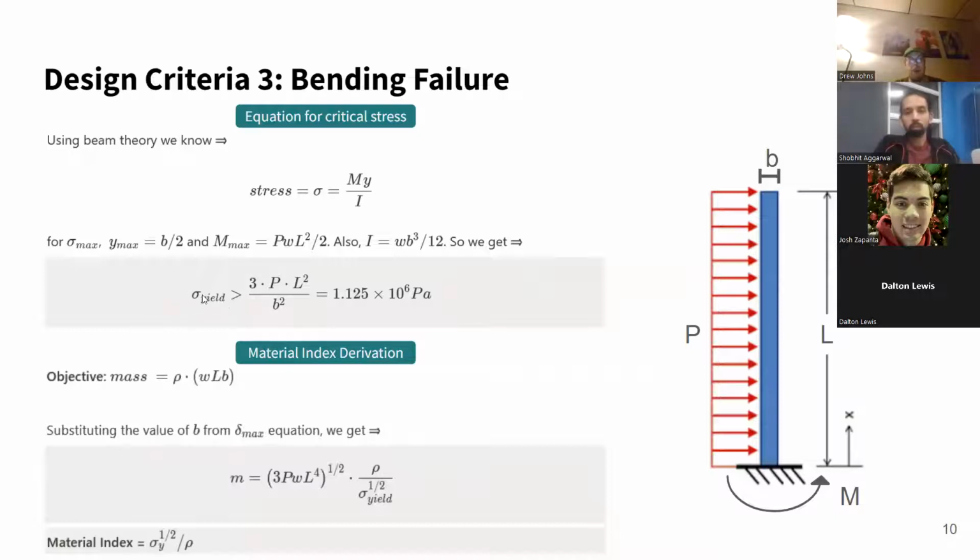Using this, we can evaluate an expression for the stress at yield, which must be greater than 1.125 times 10 to the 6 pascals. Also using this expression, then solving for B and plugging into our objective function, we can get an expression for the mass and a material index for maximization of the stress at yield to the 1/2 over rho.